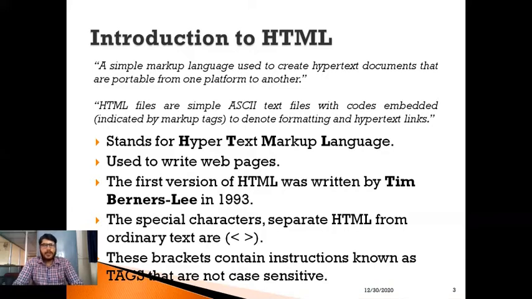These hypertext documents are normally portable in nature and we can easily open these kinds of files on any kind of platform. Assume that we have written one HTML code, we have prepared one HTML program.